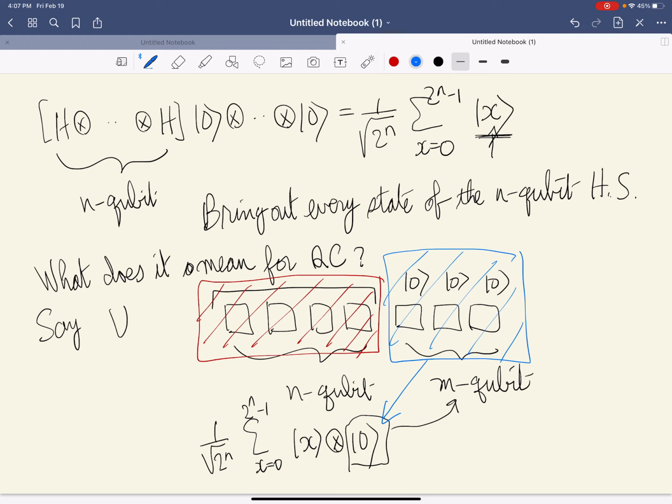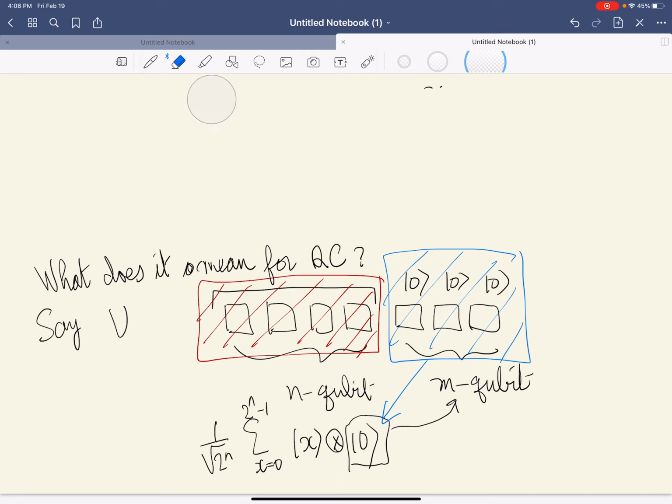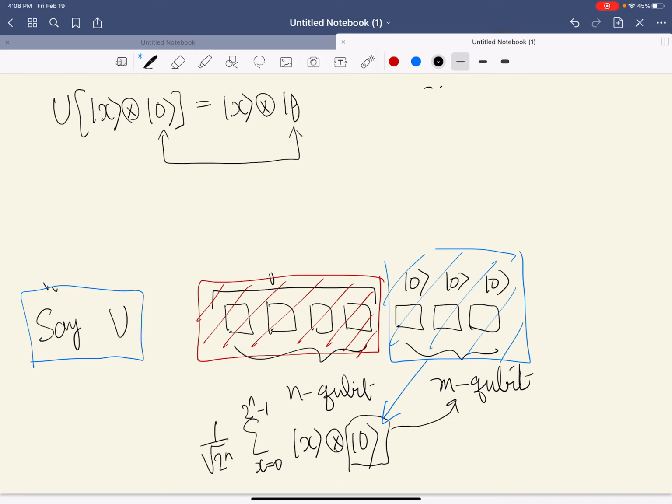And now let's assume there exists some sort of unitary operation. Let's say U exists, and what the U does, when it acts on this combined n cluster and m cluster system, is to alter the state of the m cluster and throw it into a different state, which I represent as f of x.